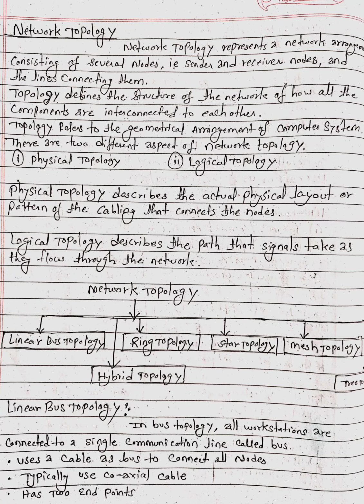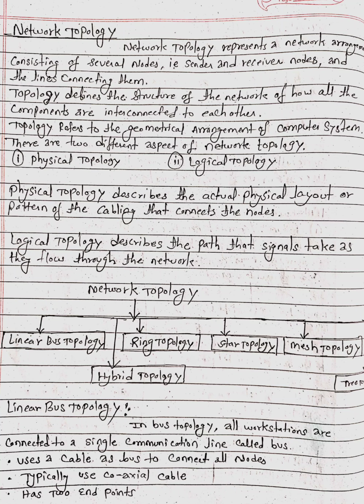Let's move to another topic of networking, that is network topology. Network topology represents a network arrangement consisting of several nodes, that is sender and receiver nodes, and the lines connecting them. Topology defines the structure of networks, of how all the components are interconnected to each other. Topology refers to the geometrical arrangement of a computer system.